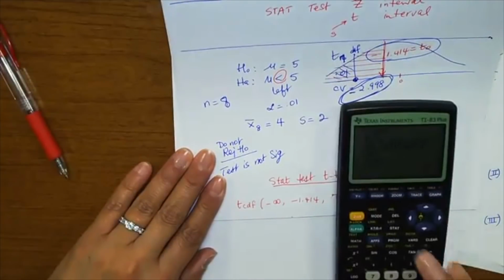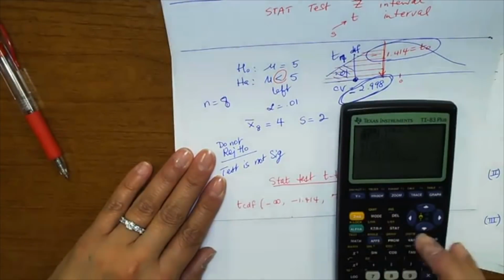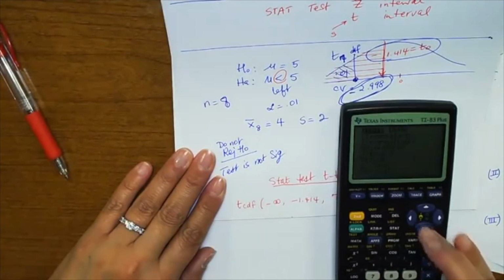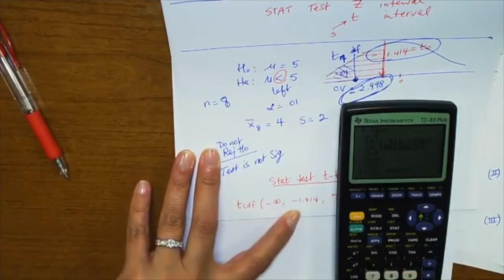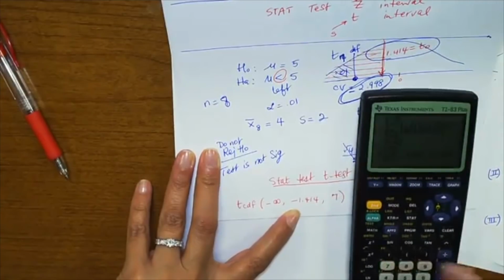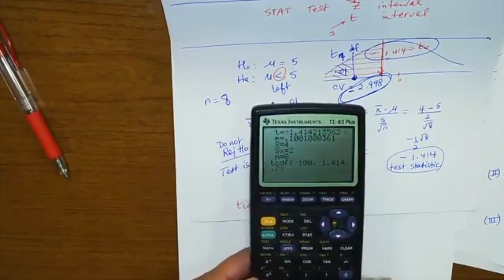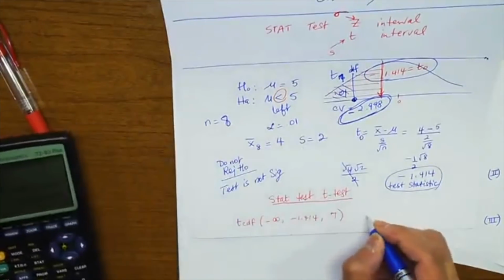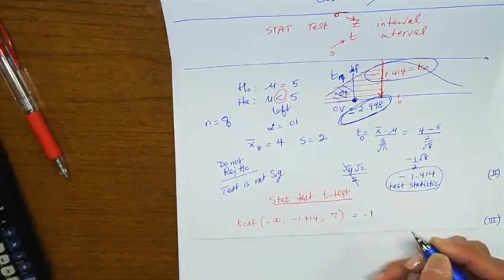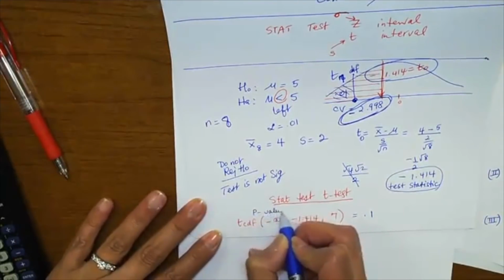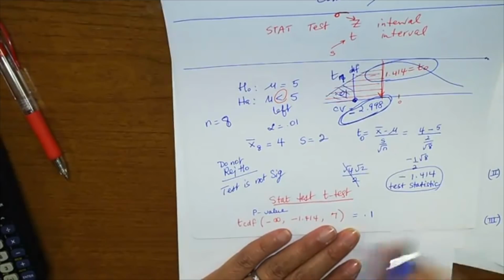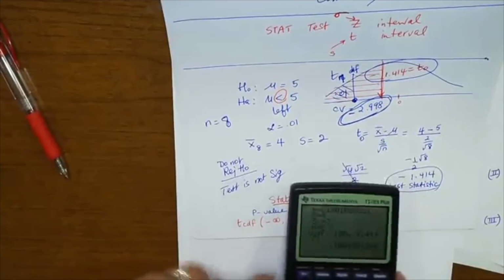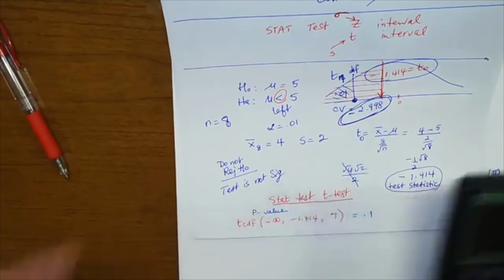So second distribution, TCDF, left endpoint minus 100, minus 1.414, degrees of freedom 7. 0.1. P-value is 0.1. Did they say 0.1? Yeah, they gave you the p-value and it was 0.1. So we're good.